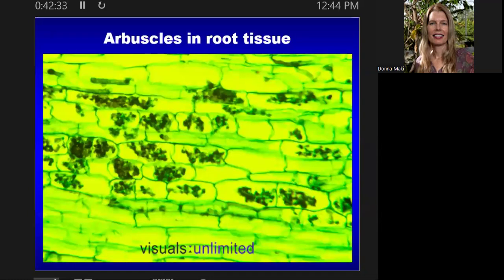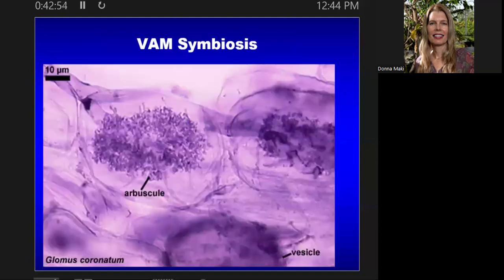And then here they took a longitudinal section of a root and did a staining technique for fungal hyphae. And you can see the roots look like the brick pattern. And then the fungal hyphae is the darker, grainier looking things. So most of these are arbuscles, the dwarf tree idea. Here's a better image, I think.